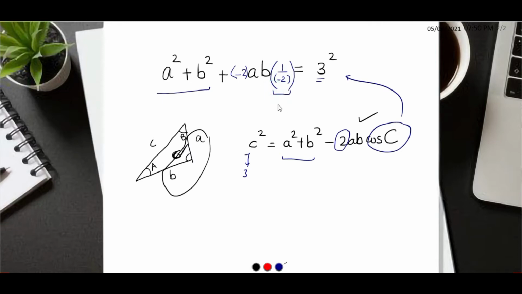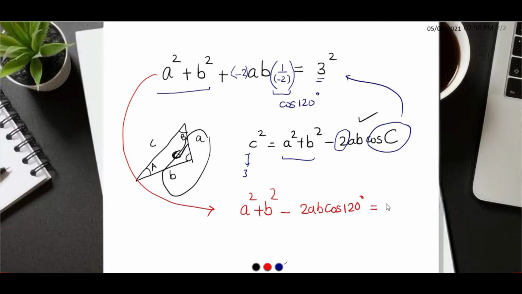And this minus 1 by 2 can be written as cos 120 degrees. So finally, we have modified this equation: a square plus b square minus 2ab cos 120 degrees is equivalent to 3 square.